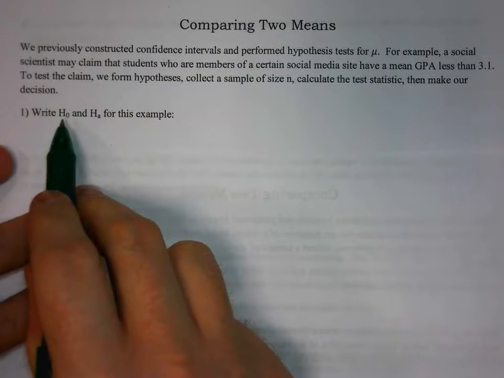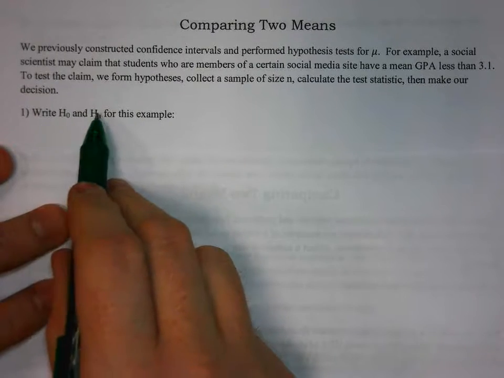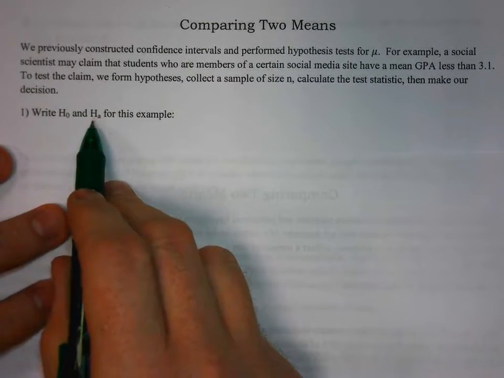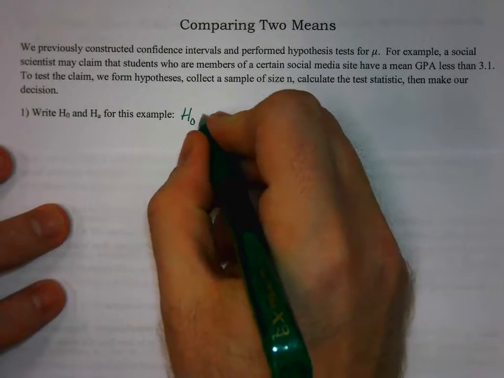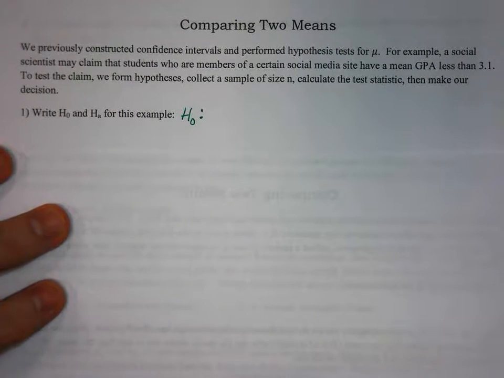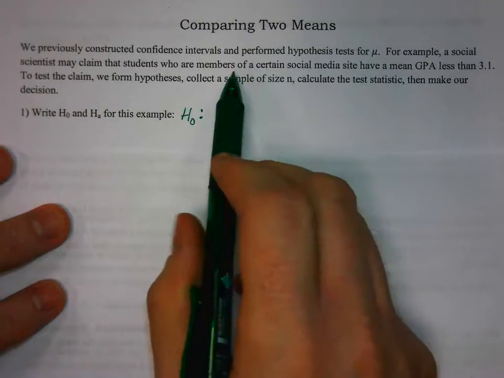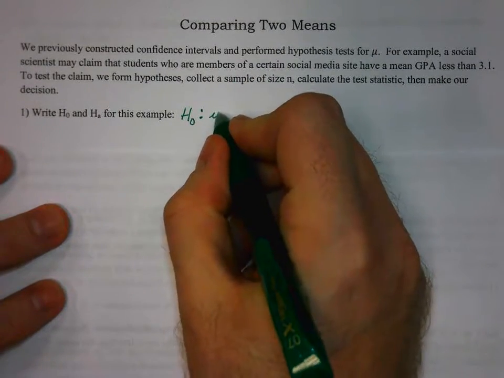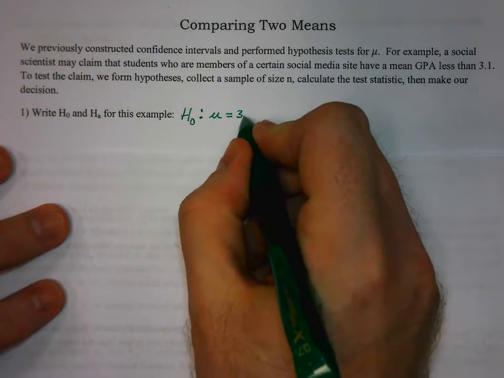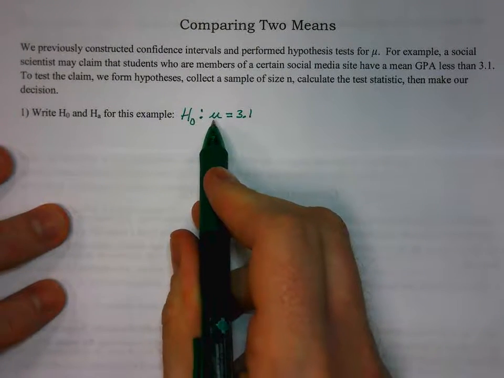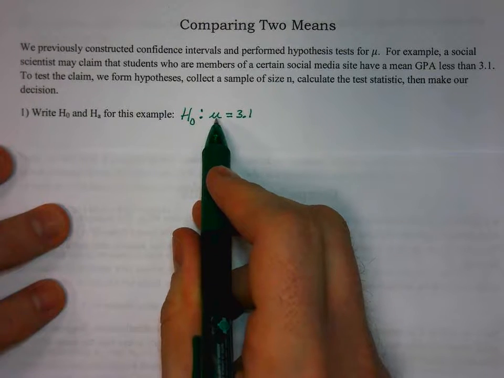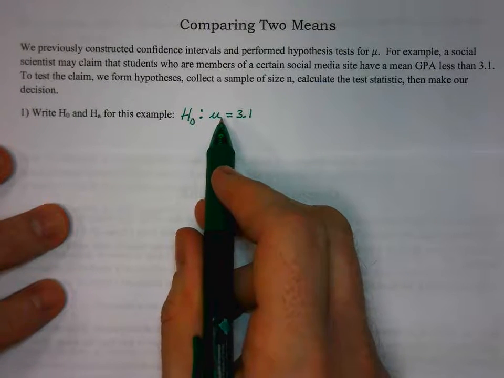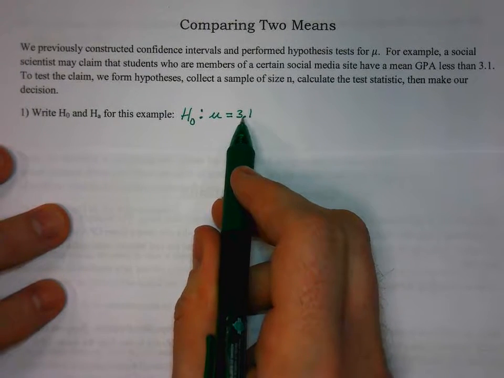So if we were to write H0 and HA, the null and alternative hypothesis for this example, well, H0, the null hypothesis, always contains your equality, and we're saying that the mean GPA is less than 3.1, so H0 will be that mu equals 3.1. So the mean GPA of all students, the population, we're hypothesizing that the population mean is 3.1.